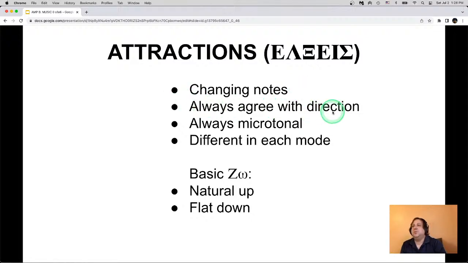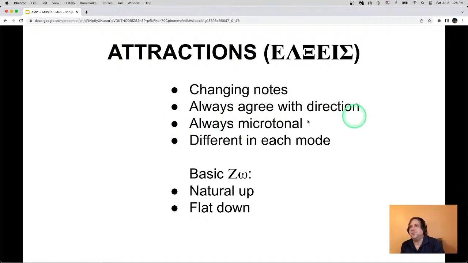They always agree with your direction, which means that if you're going up, they're going to sharpen. They'll sharpen when you go up, and then they'll flatten when you go down.